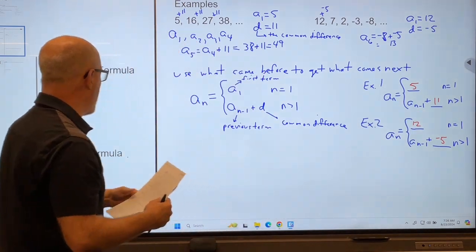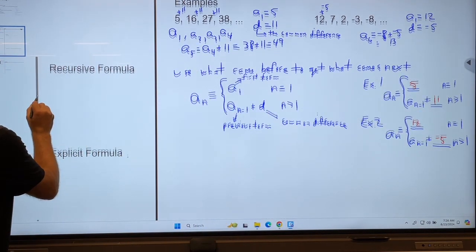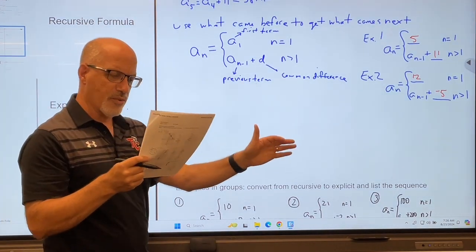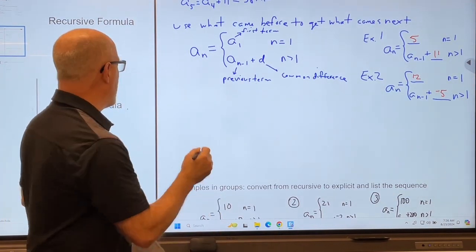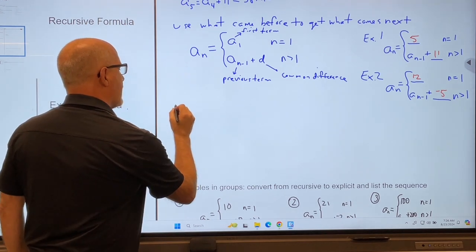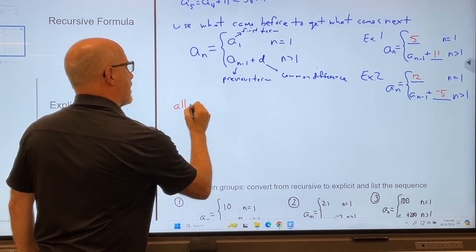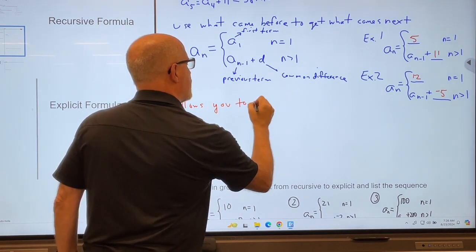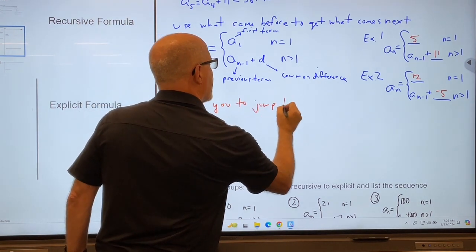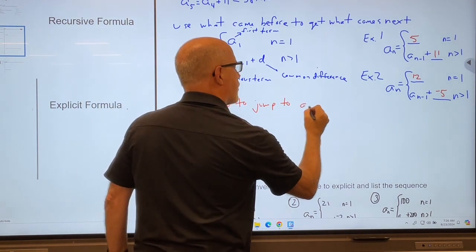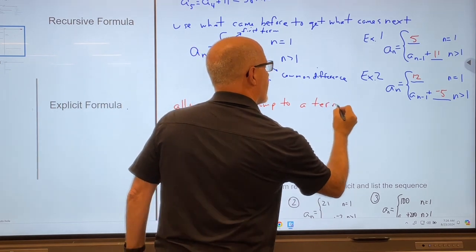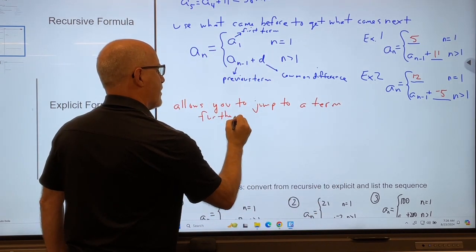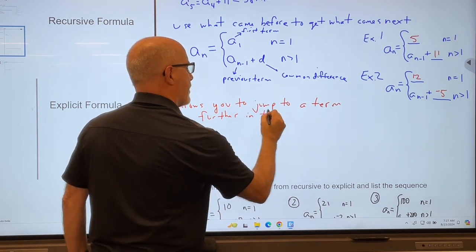So instead, what we want to do is come up with what's called an explicit formula, which allows you to jump to a term further in the sequence.